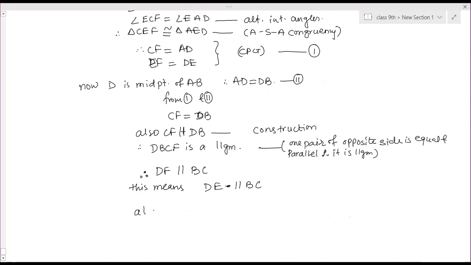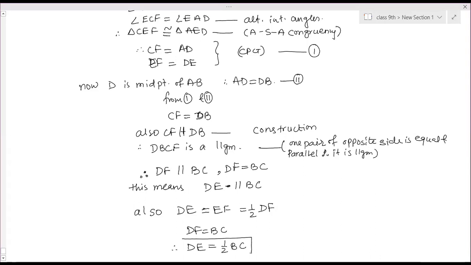Also, DE is equal to EF, that is equal to half of DF, and DF is equal to BC, and therefore DE is equal to half of BC. Clear? Yes, ma'am.